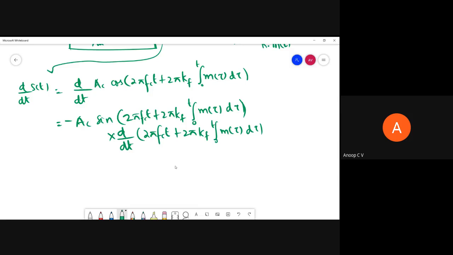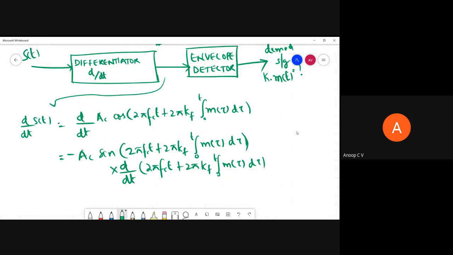Even though FSK is a digital modulation technique, for FSK demodulation we'll use the same thing. What you have to keep in mind is that the differentiator is a linear time invariant operation, and that can be implemented as a filter.